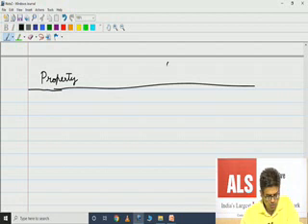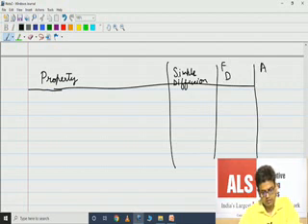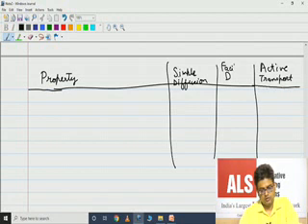Then there is a second column of simple diffusion, then facilitated diffusion, and then active transport.